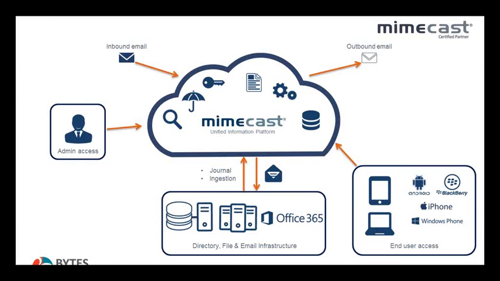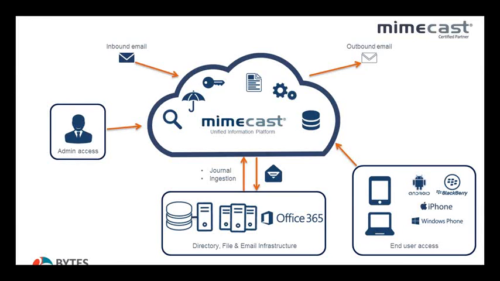From an accessibility perspective, as I said, we give end users access into the archive using virtually any device they're on, as long as they're internet connected. That could be from Outlook, using our Mimecast Services for Outlook plugin that enables archive access, security features such as the hold queue or quarantine queue management for the users, the managed senders, so block list and whitelist management, as well as the ability to decide how email is delivered, whether that's encrypted or not.